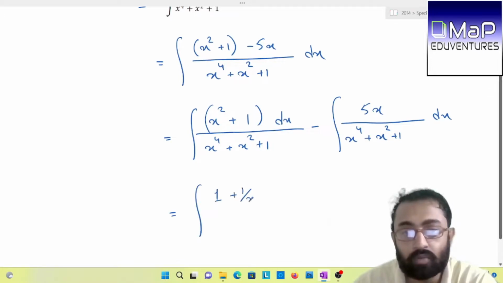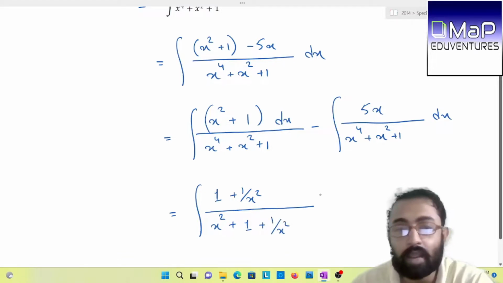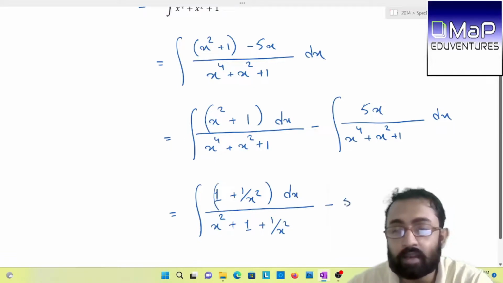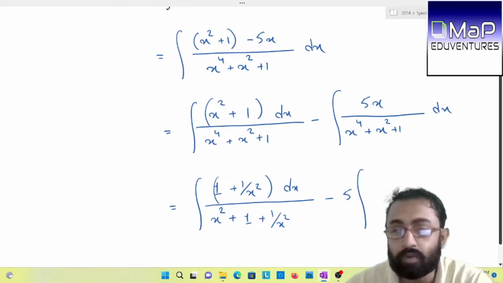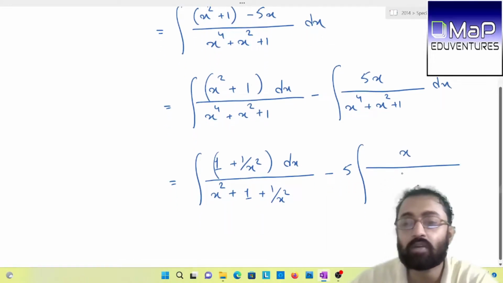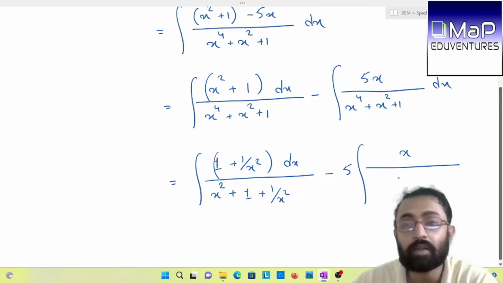So we know what we should do here: we should divide the numerator and denominator by x squared. So you are going to get x squared plus 1 by x squared in the denominator. And in the second integral, what should we do here? Observe that we have a linear term in the numerator, and till now we haven't got such a form. And again, let me convince you that every question does not resemble a form.